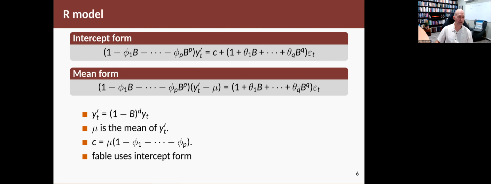As I said, fable uses the intercept form. You can go backwards and forwards between them. The C here is equal to mu times 1 minus the sum of all of the AR coefficients. So that's just in case you need to see the other form.